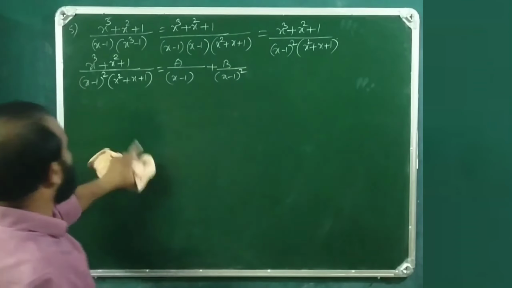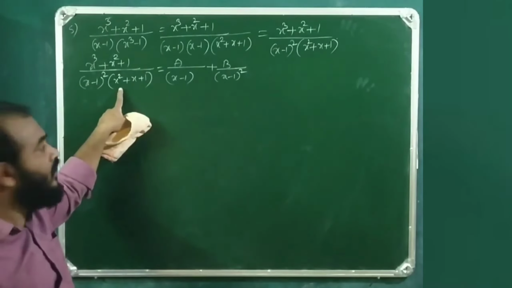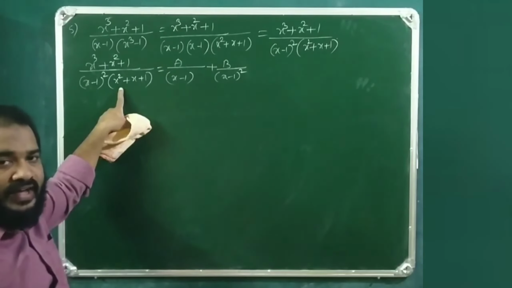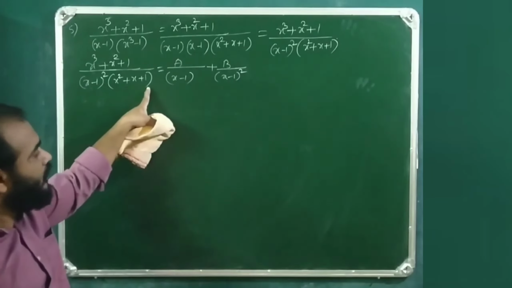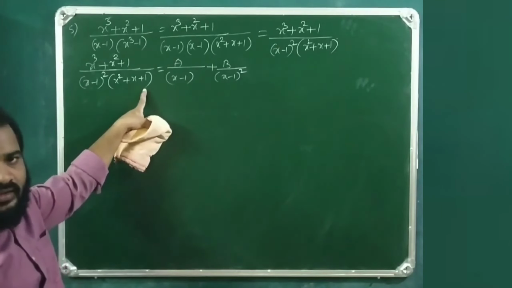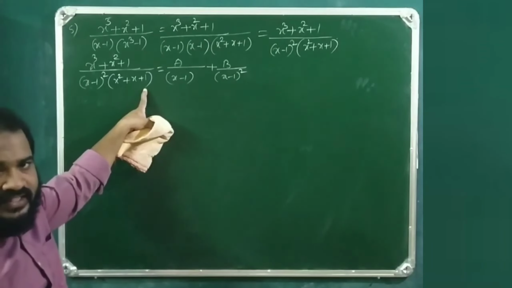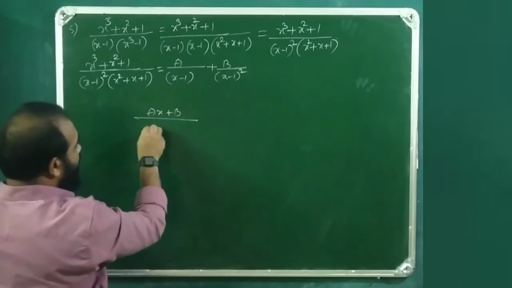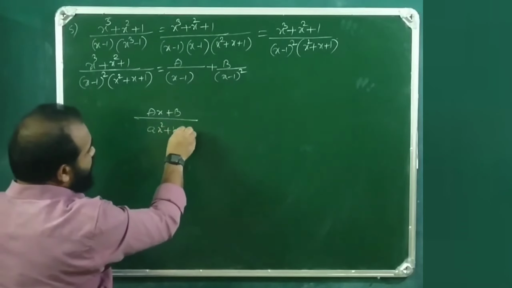So now for every non-repeated irreducible quadratic factor ax square plus bx plus c of the denominator g of x, there exist partial fractions of the form (ax plus b) by (ax square plus bx plus c).